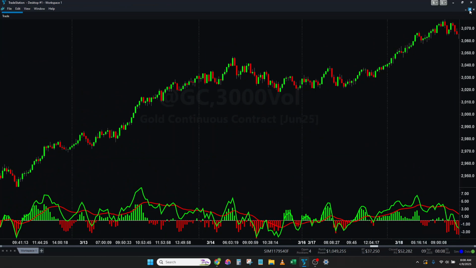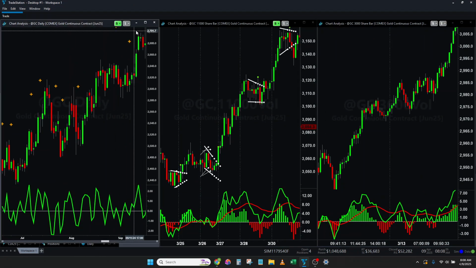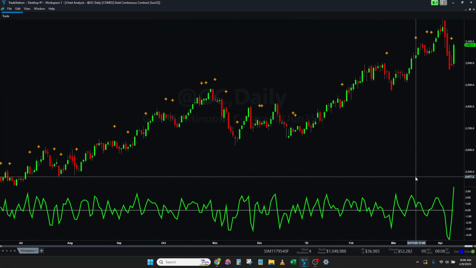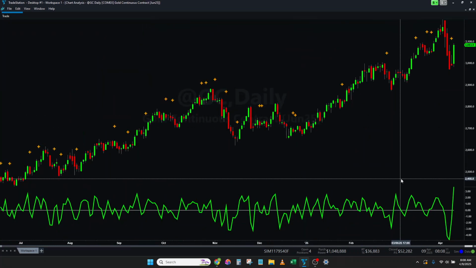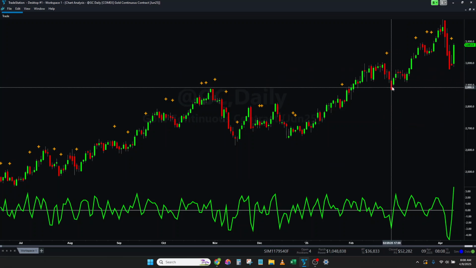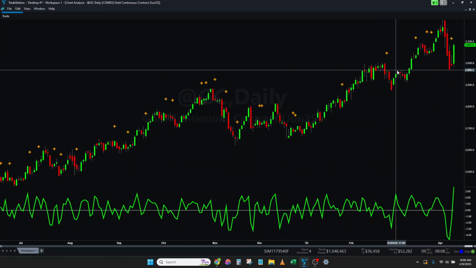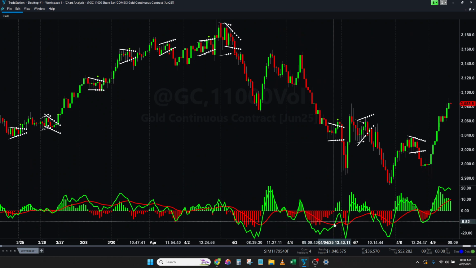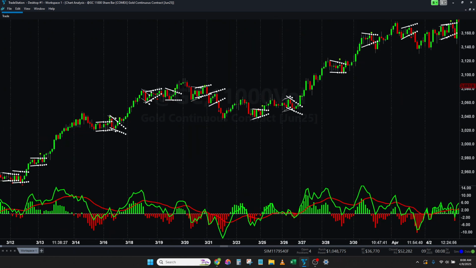So if I go back on the daily to March 14th, that's around here, this little consolidation area. So we can look at this at a shorter time frame. I don't know if this has March 14th on it, probably does.